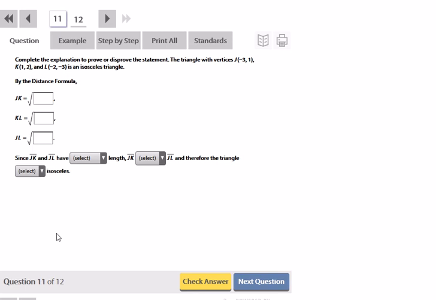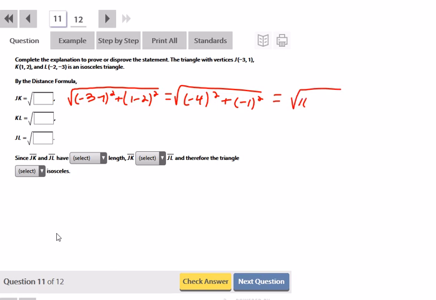Last example, complete this explanation to prove or disprove the statement. Okay, so let's see, JK. JK is equal to the square root of negative 3 minus 1 squared plus 1 minus 2 squared, which is equal to square root of negative 4 squared plus negative 1 squared, which is square root of 16 plus 1, which is square root of 17.